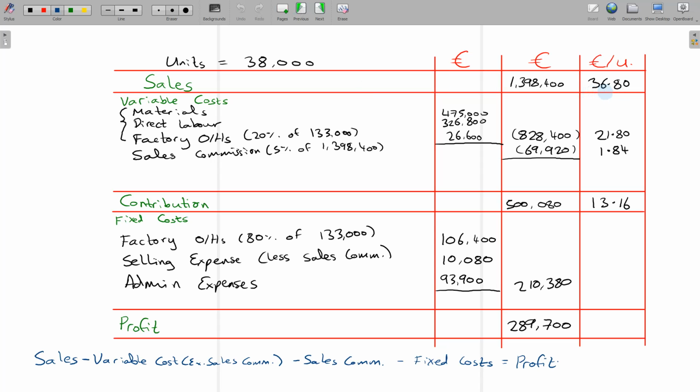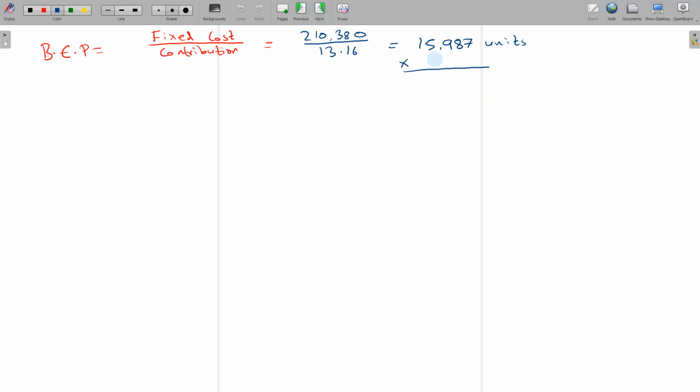So we know that €36.80 is our selling price. So if we have to sell 15,987 units at 36.80, that means that we must generate sales revenue of 588,296.66 in order to cover all our fixed costs.